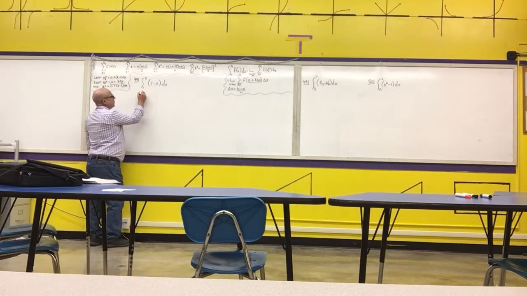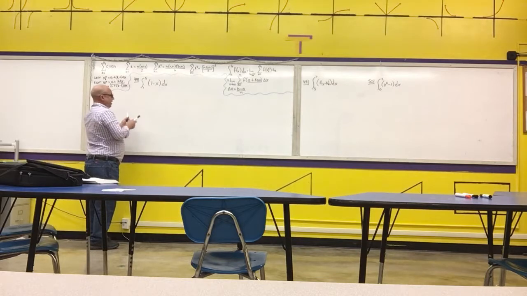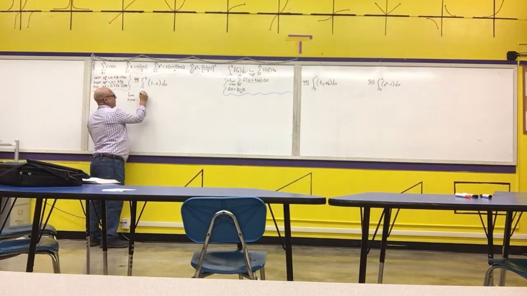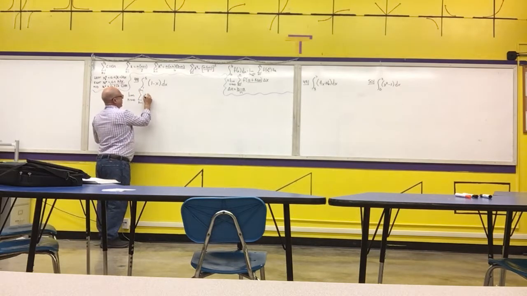So I'm going to write the limit as n approaches infinity of the summation of k equals 1 to n of f, in this case, is 1 minus x.